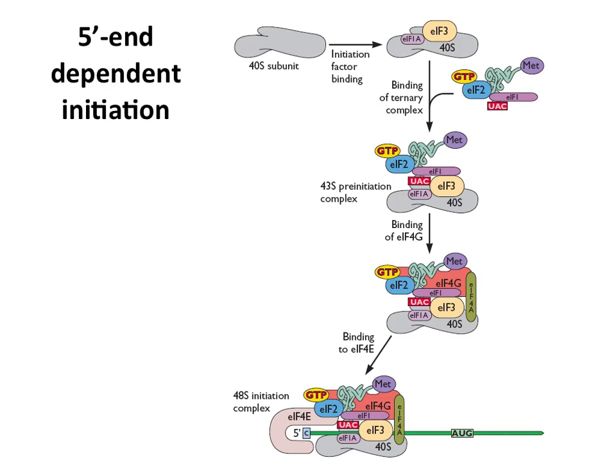You can see EIF3 and 1A. A very important step is the binding of the ternary complex. It's called ternary because there are 3 components: a molecule of GTP, EIF2, and the tRNA Met. Actually, the GTP-EIF2 is one component, and the tRNA Met is the third. That is the initiator because it is a charged tRNA with methionine on it.